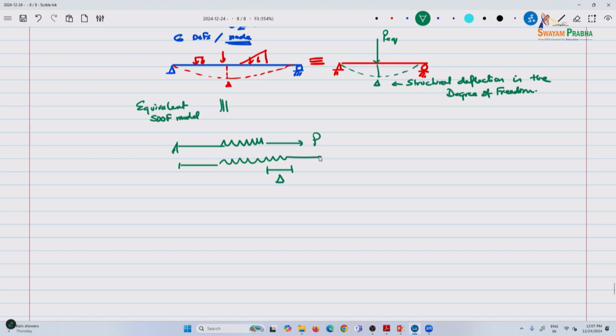So the stiffness that you use depends on several things. It depends on your boundary conditions. That's where the boundary conditions were introduced, and it also depends on the type of loading.